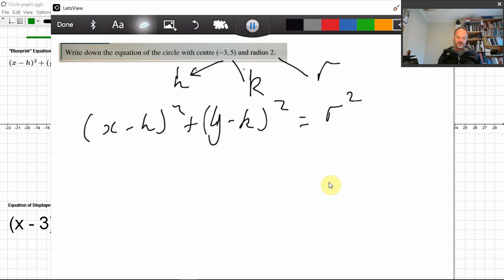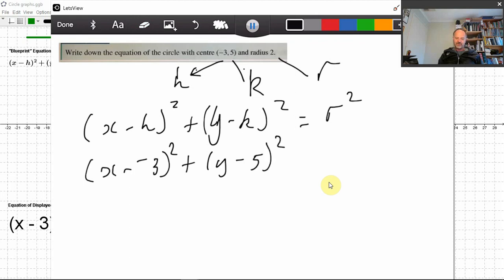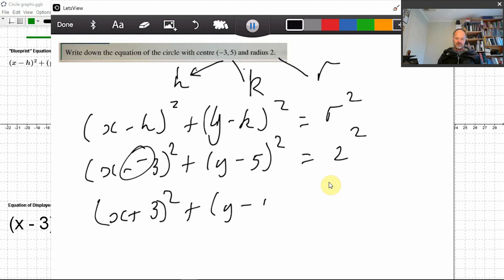It's a matter of us putting in the numbers. So we've got x minus, and h is -3, plus y minus, and k is 5, equals 2 squared. Two negatives make a plus, so x plus 3 squared plus y minus 5 squared equals 4, 2 squared is 4, and so there's our equation.